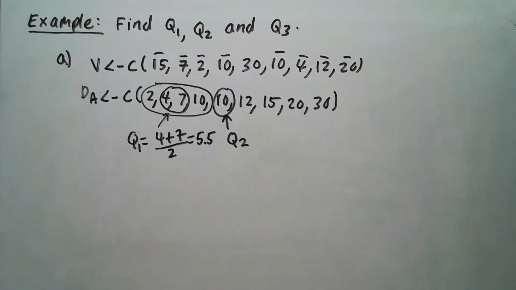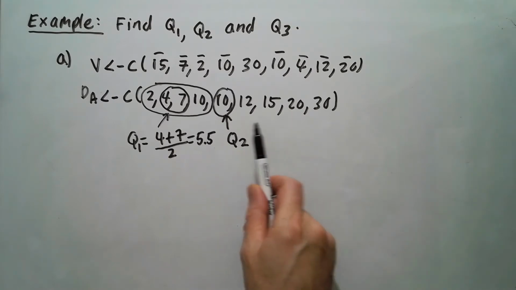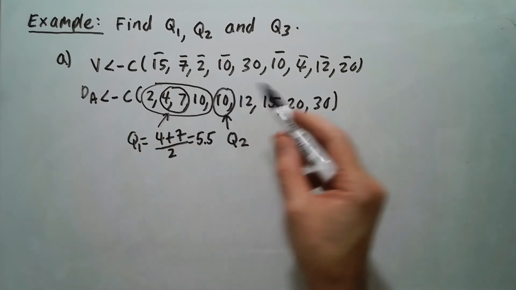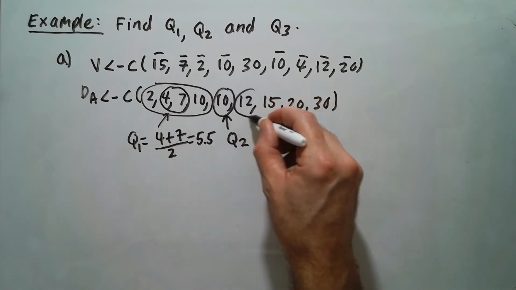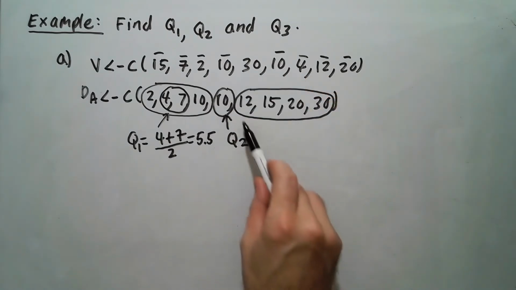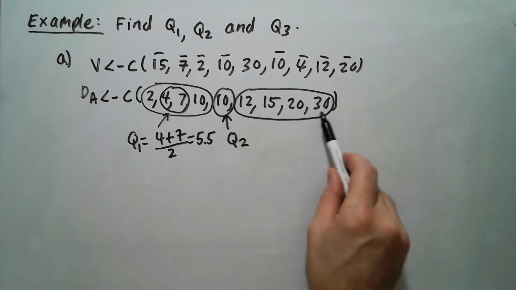And now let's find our Q3. To find Q3, we're going to remove all the numbers including the median on this side, so we'll be left with these numbers here. We're going to be looking at the median of those circled numbers right here.